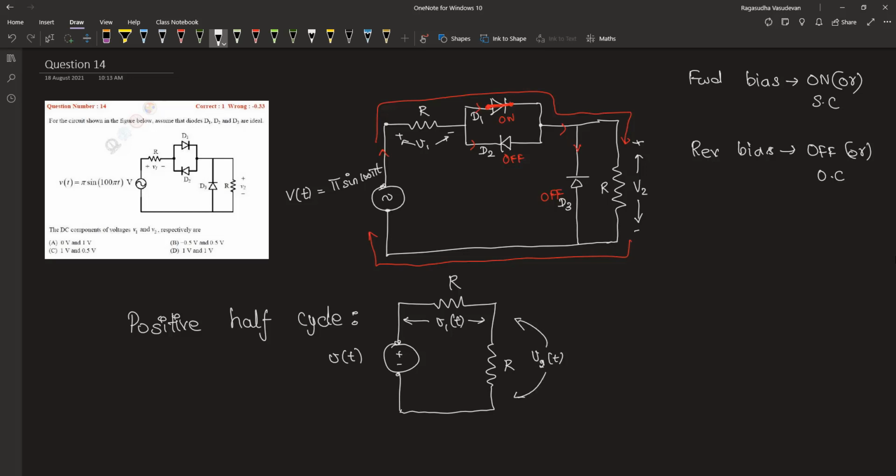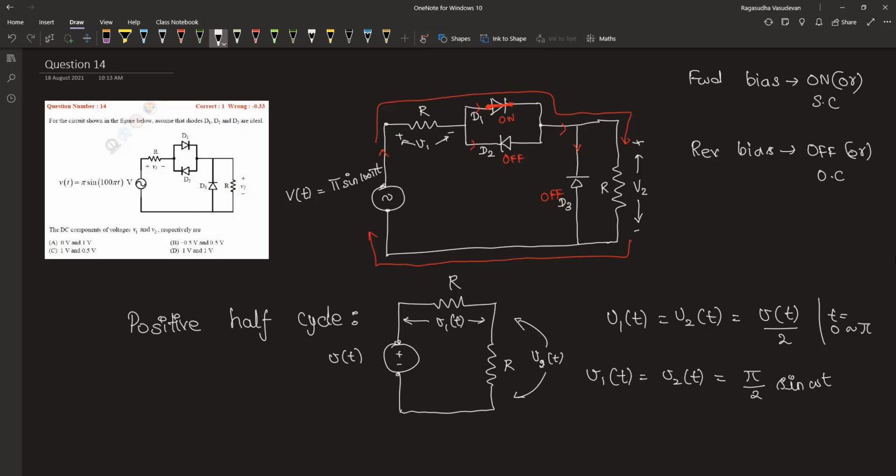So, V1 of t is same as V2 of t, which is same as V of t by 2. This is during the positive half cycle. Therefore, V1 of t is equal to V2 of t, that is equal to pi by 2 sin omega t.